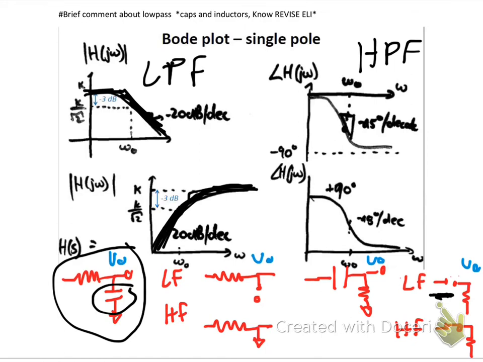This is important because when you get to the filter section in multiple choice, they have a tendency of giving you filters with configurations that you haven't seen before. So you're going to have to analyze your filter and make an educated guess about what it is, checking what it does in the low frequency, mid band, and high frequency.